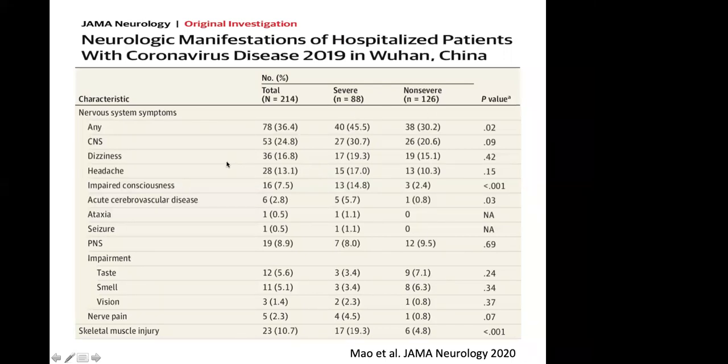Some of them manifest with relatively common CNS manifestations such as dizziness, headache, and impaired consciousness. Then the concerning ones are acute cerebrovascular disease, about 5% in severe cases, ataxia in one patient, seizures in another, and peripheral neurologic manifestations such as tingling and numbness. There's also impairment in smell and taste, as well as vision, and nerve pain.